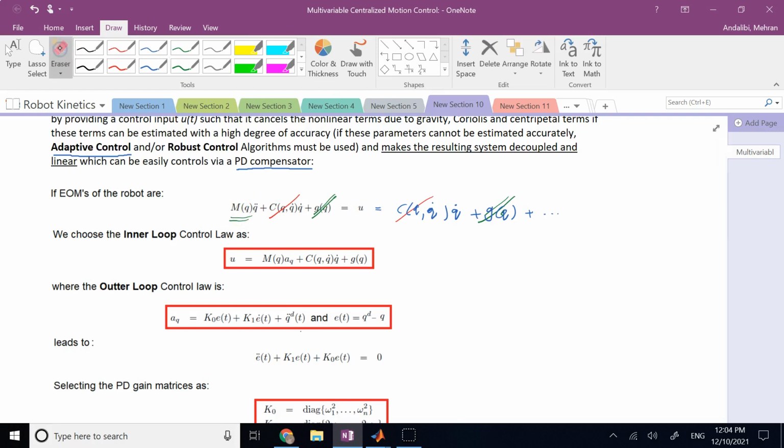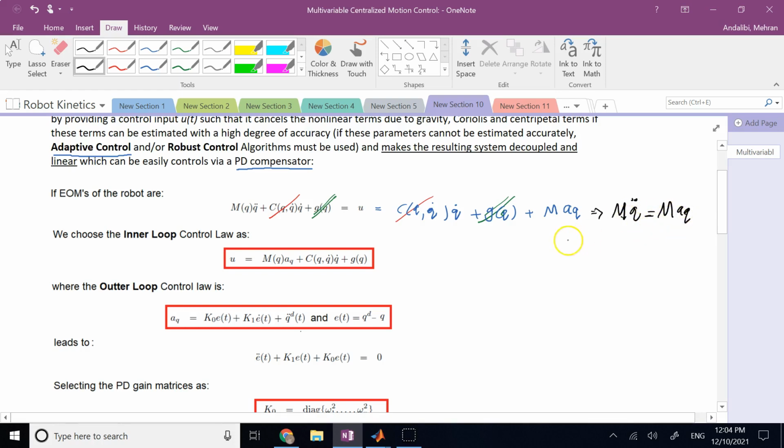Say, how about I try to make this extra term be M times the desired acceleration, A of Q. If I do so, when I set these two to be equal, what's going to happen? I will get M times Q double dot to be the same as M times A of Q.